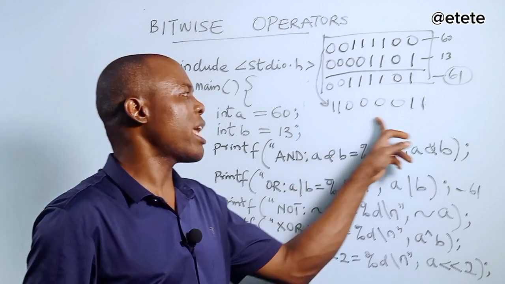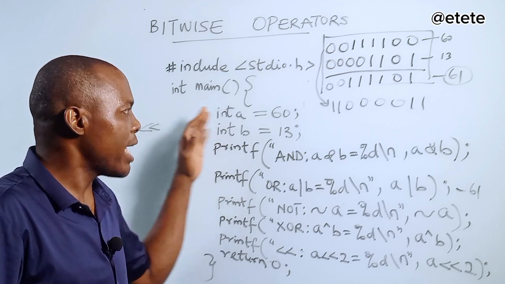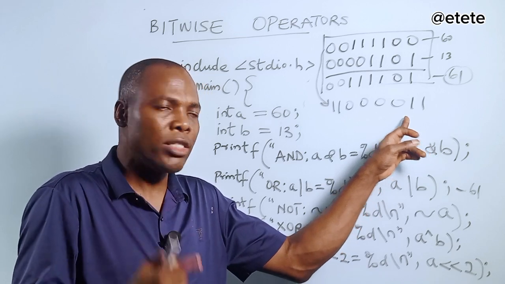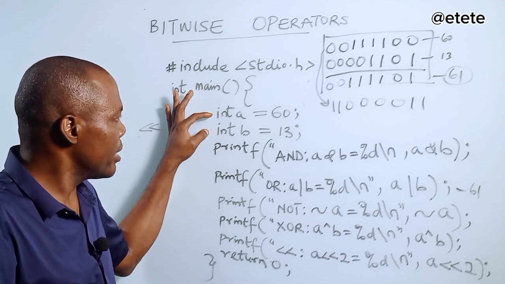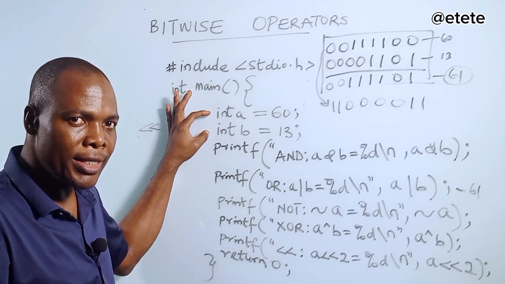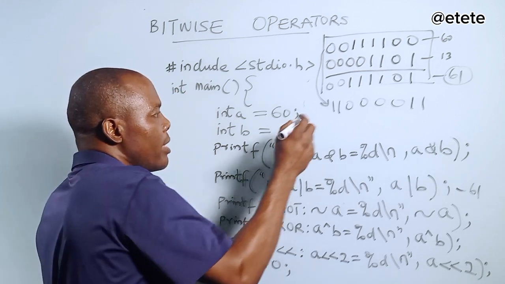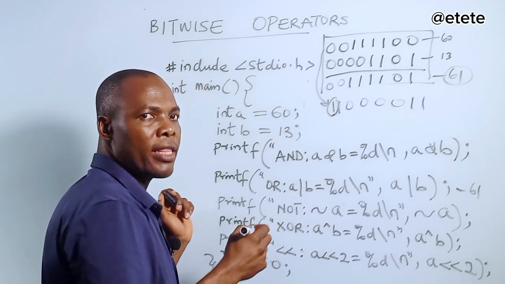But how are you going to interpret this? Now, I told you that this has no meaning unless viewed through the lens of the data type. So what is this data type? This is a signed integer. So in a signed integer, this digit here determines the sign.